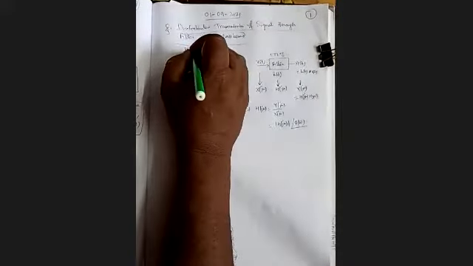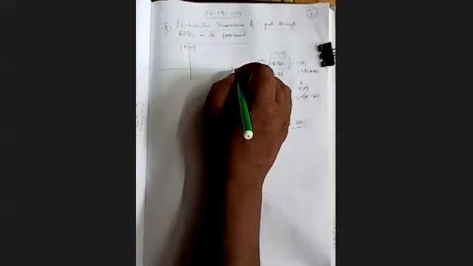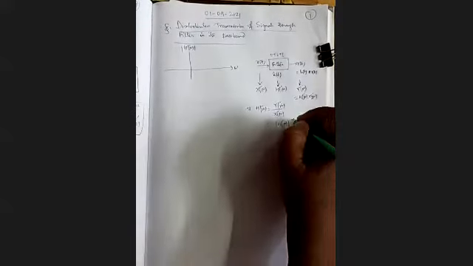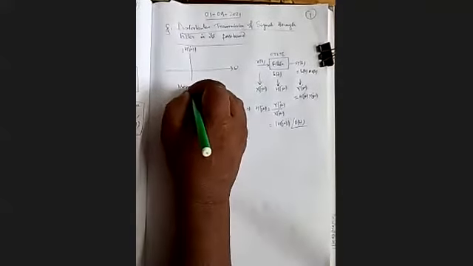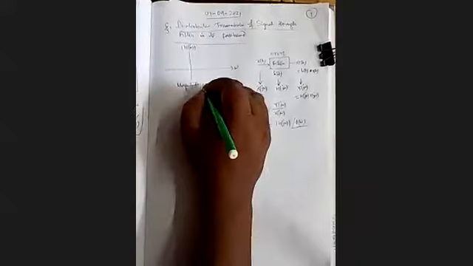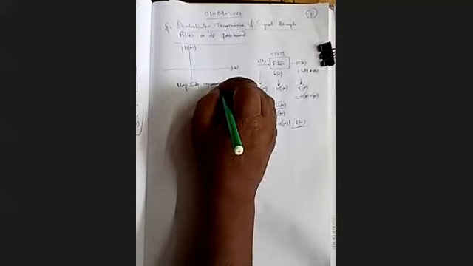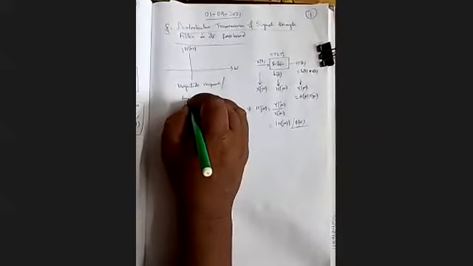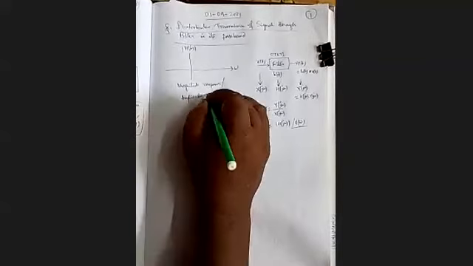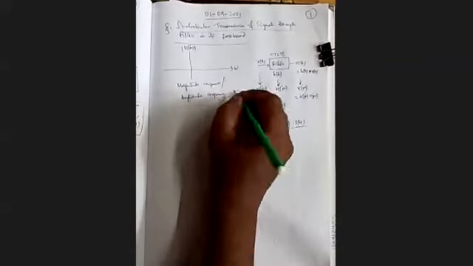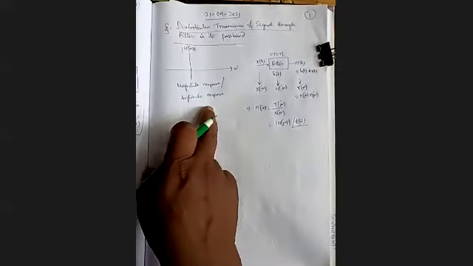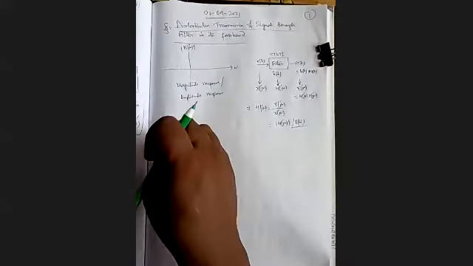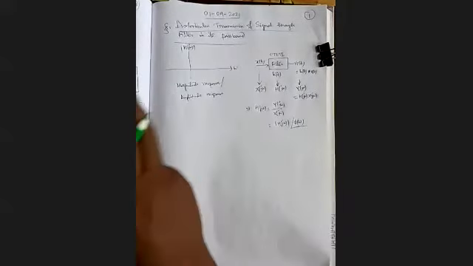So if we plot mod of H(jω) versus ω, this is called the magnitude response or amplitude response of the filter. This is nothing but the gain at any particular frequency ω. That plot is actually present here.